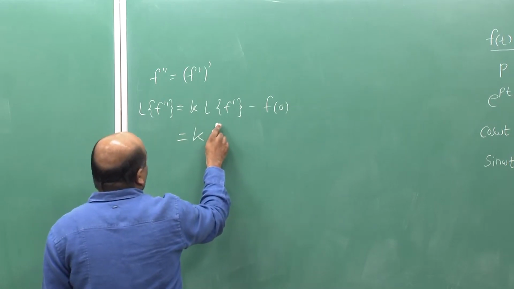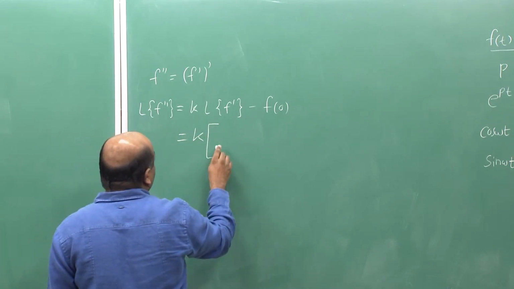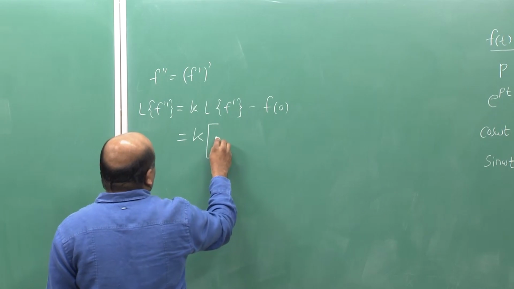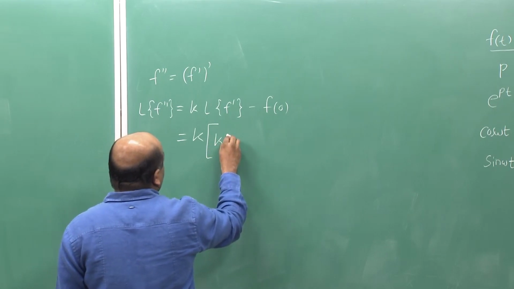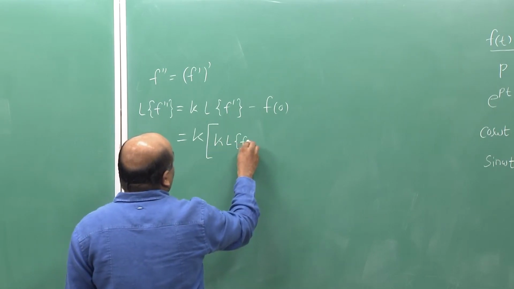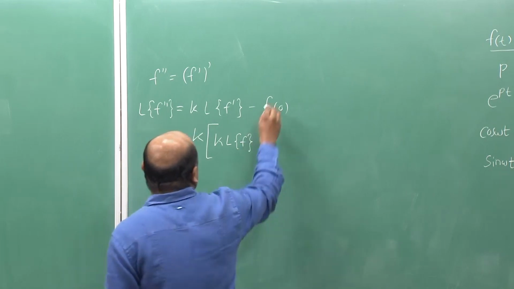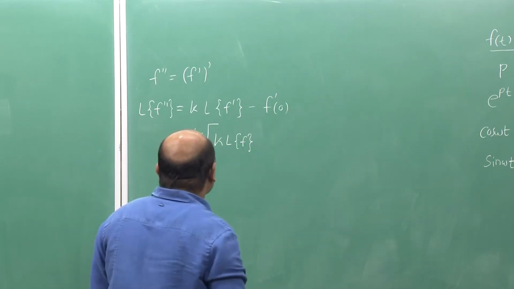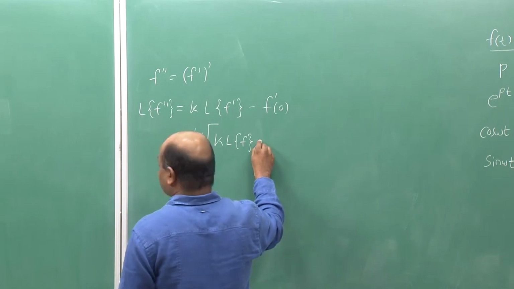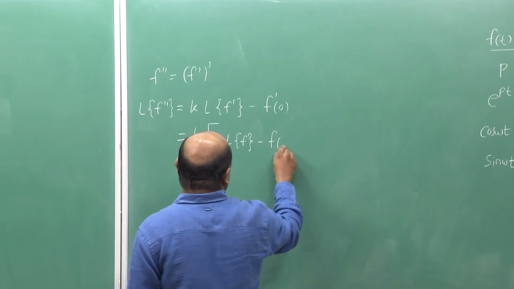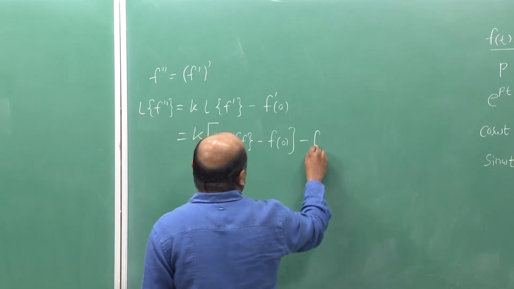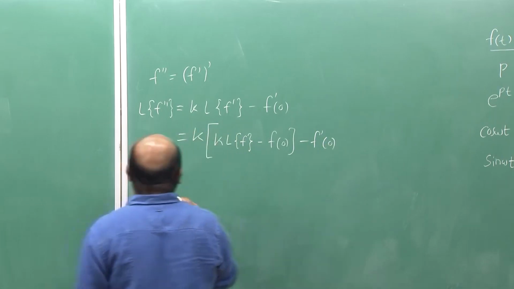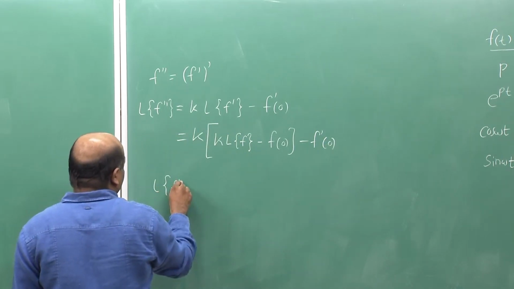Again substitute for L of f prime, which should be k times L of f minus f of 0, minus f prime 0.